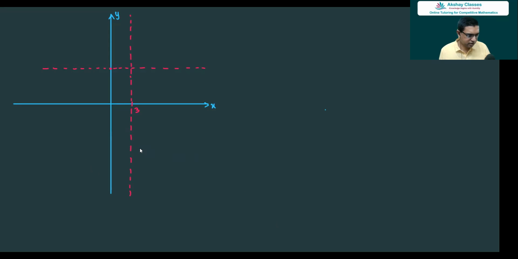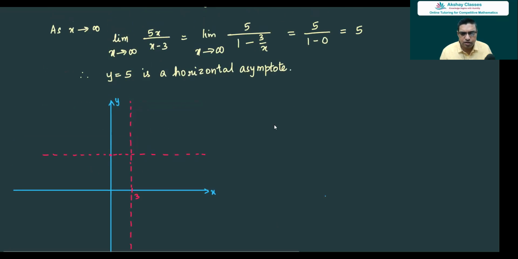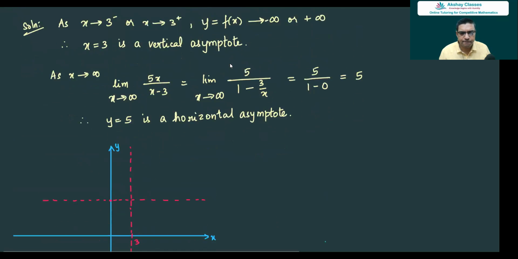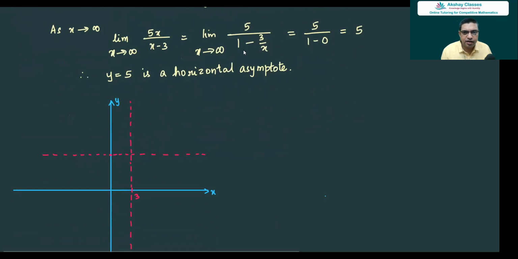Okay, sorry for the interruption. So now let me plot this curve. This is y equal to 5x upon x minus 3.